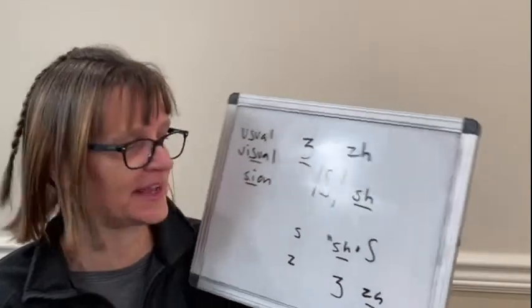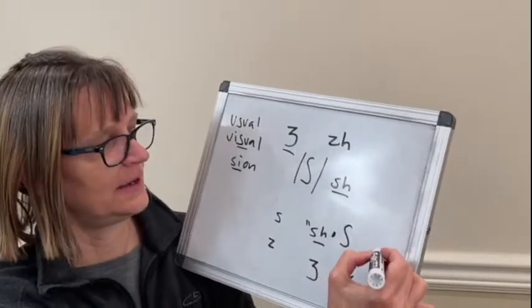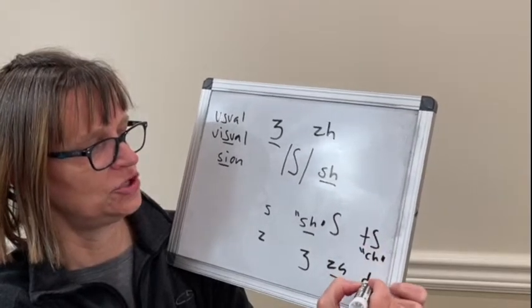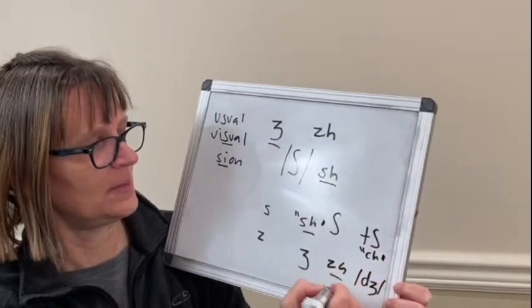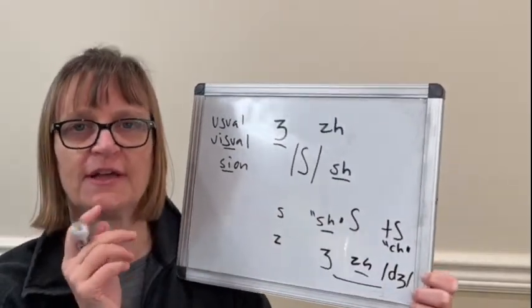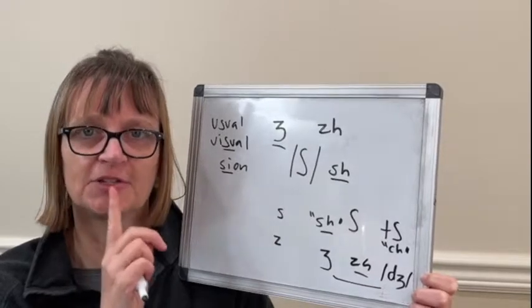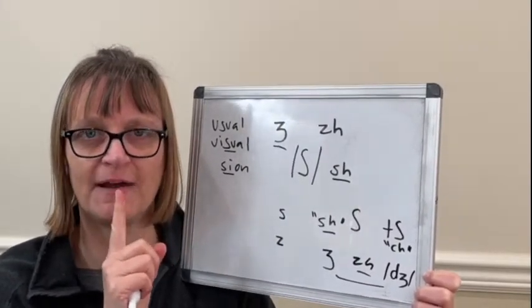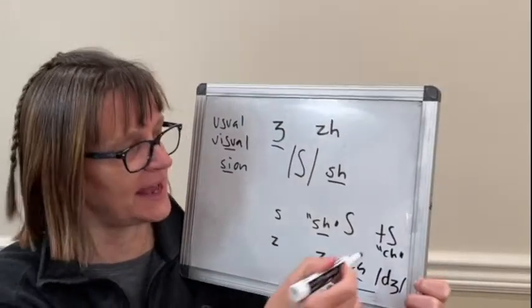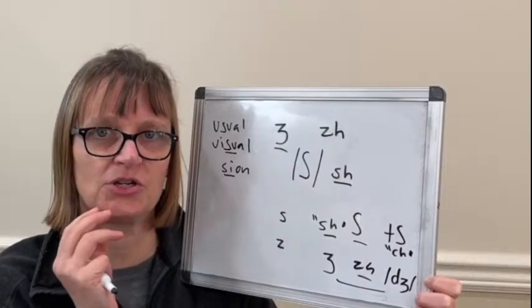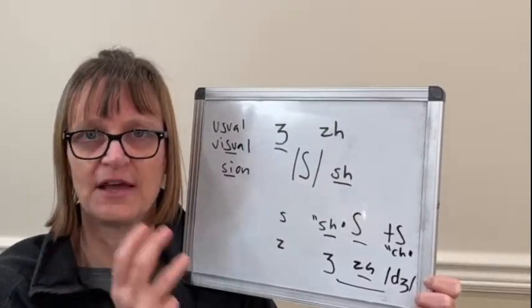Another place to examine is the ch sound and the j sound. People have trouble between these two. What happens here with ch and j is that my tongue starts in the position it is for T or D, so up behind the back of my teeth, and it drops down into this sh or j position. So when I say ch, the sound can't continue.